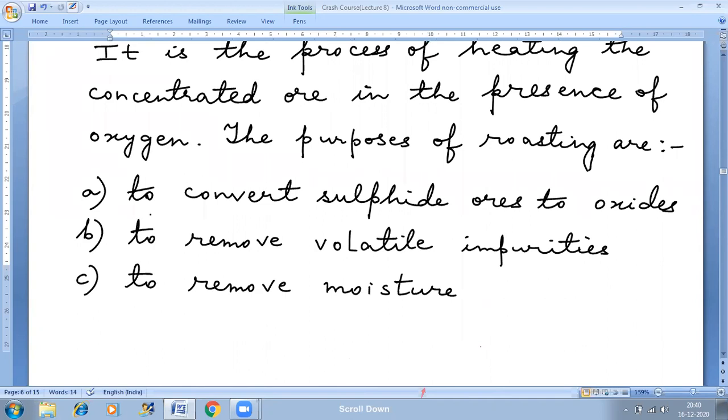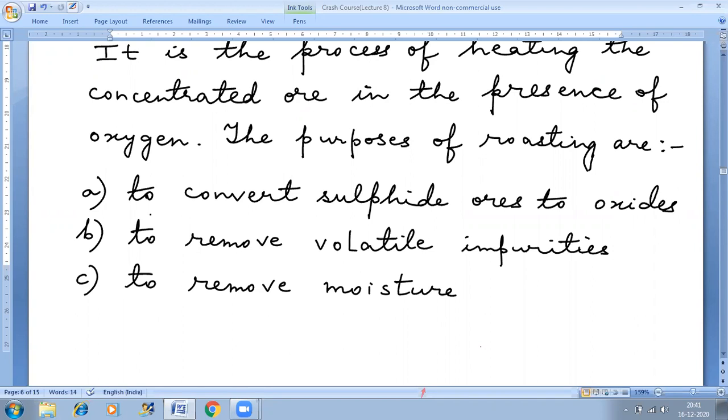So the objectives of roasting are, first, to convert sulfide ores to oxides. Ultimately we want the oxide of the metal, so we are doing calcination and we are doing roasting. It is also used to remove the volatile impurities and the moisture or water present in the ore.